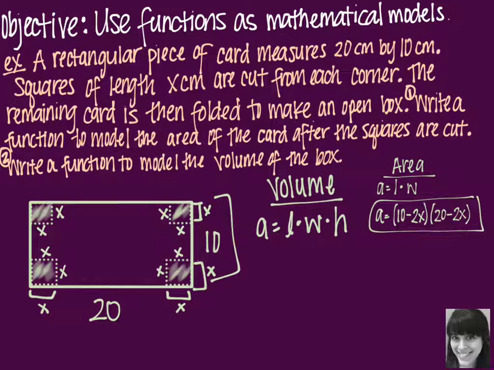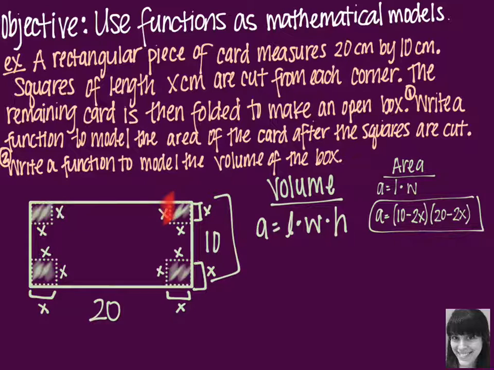Okay? Now, you have to be good at imagining, right? So you're cutting out these little squares, and then when you fold it up, what is the height going to be? If I'm taking this part out, when I fold it up, it's going to be a height of x.